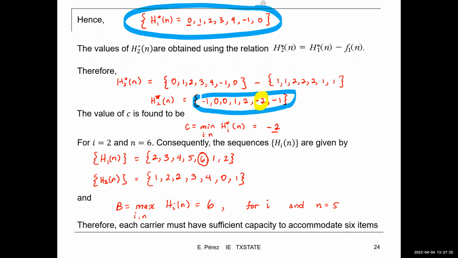If you don't have that capacity, when you have 5 and you are going to load on a carrier, you are not going to be able to, so you're going to have to hold that item.